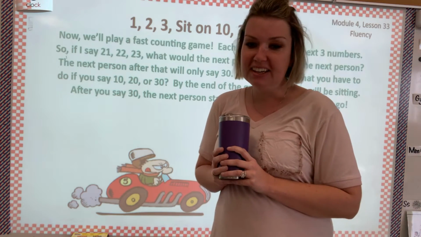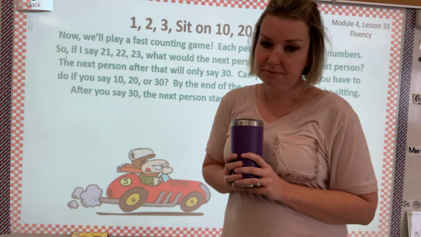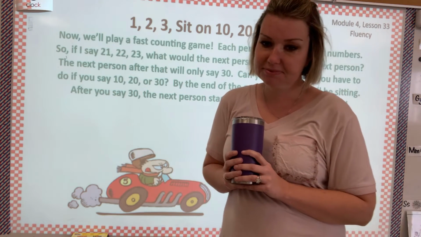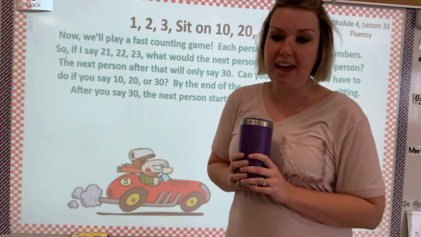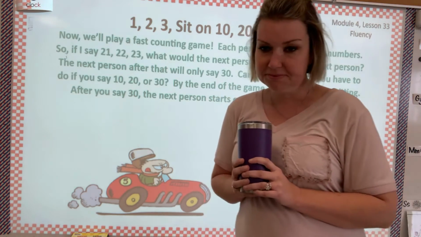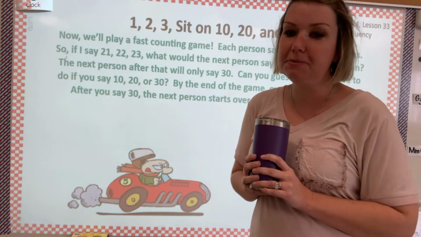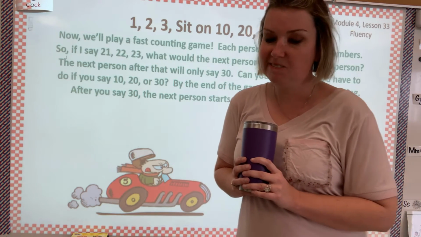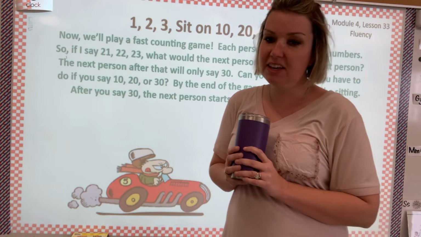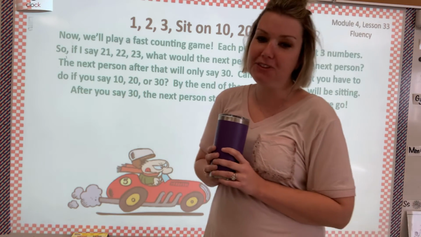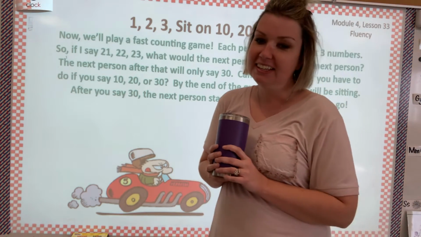You sit down. Austin, what comes after 20? 21, 22, 23. Good. Now, Ryan, what comes after that? 24, 25, 26. Good. Grant, what comes after 26? 27, 28, 29. Good. Anya, what comes after 29? 30. So you sit down.